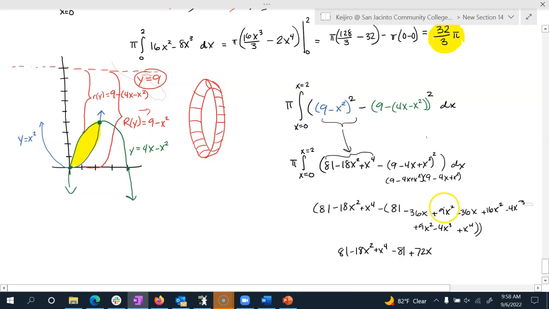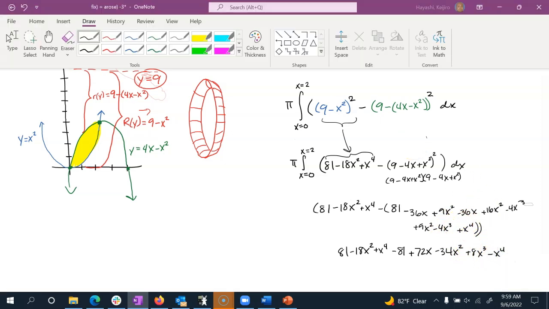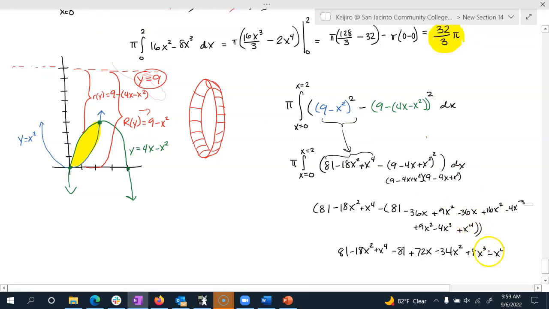The x squareds, there's 9, 25, 34. So minus 34x squared. For x cubed, there's minus and minus, so plus 8x cubed and minus x to the fourth. Okay. Yuck.